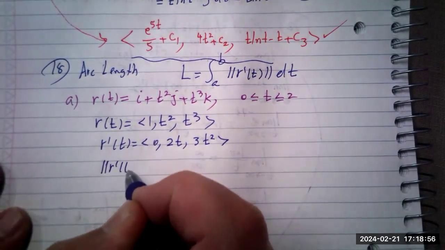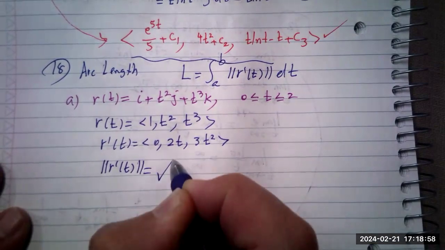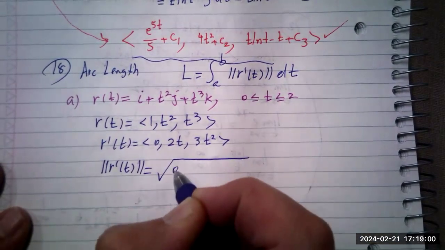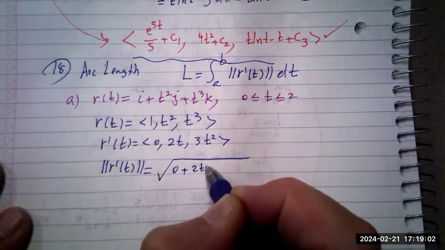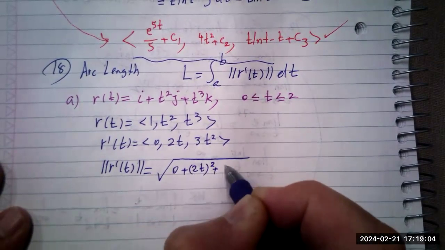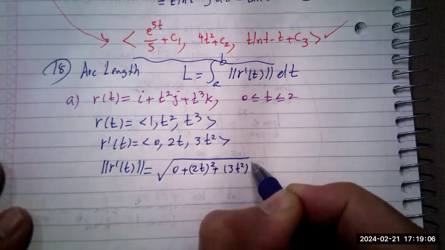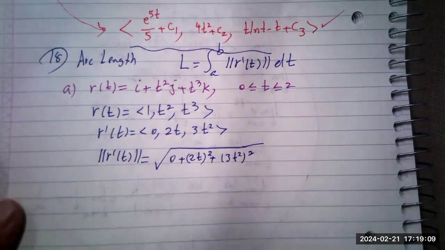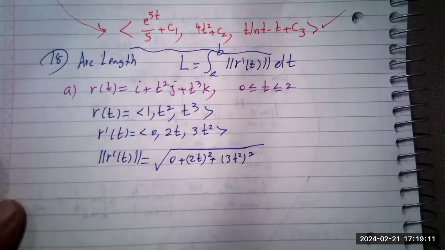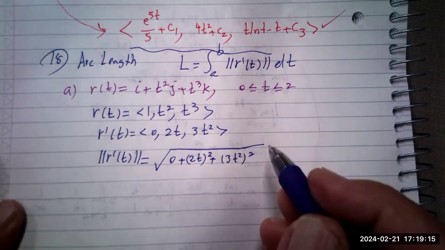The norm of r prime of t is going to be the square root of 0 squared, (2t) squared, and (3t squared) squared. Okay, so let's see what we are going to have.